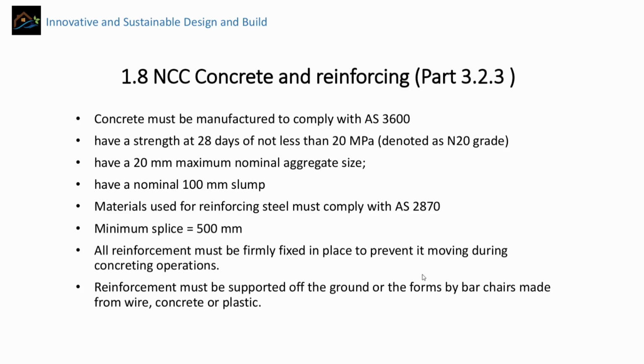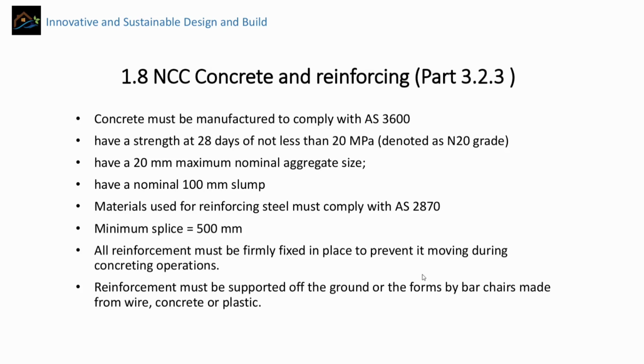The materials used for reinforcing steel must comply with Australian Standard 2870, and the minimum splice is 500 millimeters. All reinforcement must be firmly fixed in place to prevent it moving during the concrete operations. So each rebar that we use in a building should be firmly fixed in order to avoid movement during the concrete pouring.